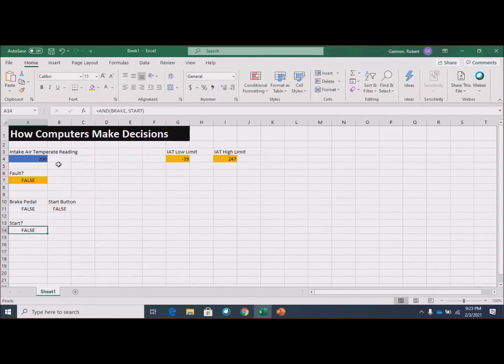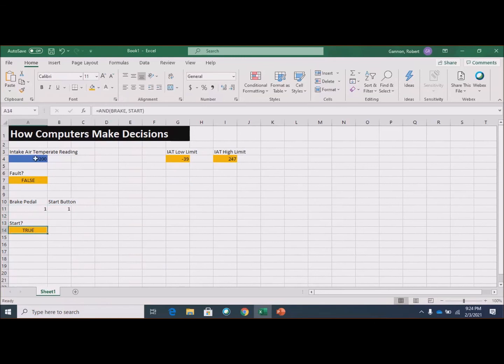All right. Vehicle's not going to start. If we step on the brake, vehicle still doesn't start. I think I can just do 0 here. If that's 0, we step on the brake. Nope. If we push the start button, nope. But if we step on the brake and push the start button, the vehicle is going to start.